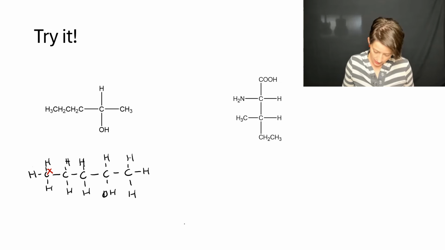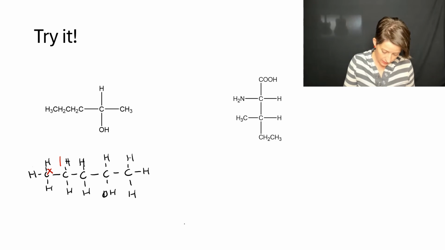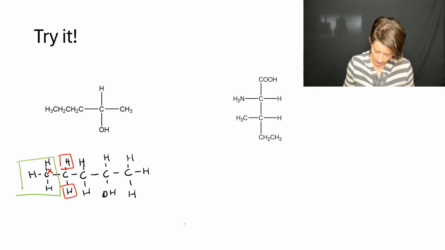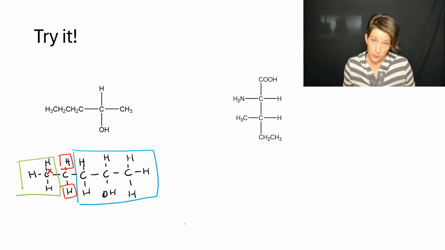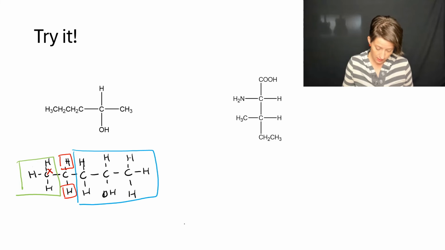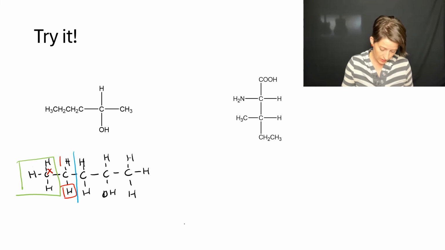Looking at carbon 2, I have 2 hydrogens, a methyl group, or a CH3, and something else. I have 3 different groups. 2 are the same, therefore this carbon is going to be achiral.